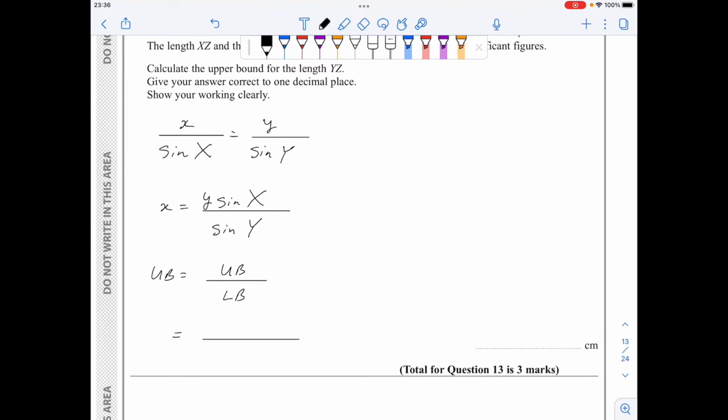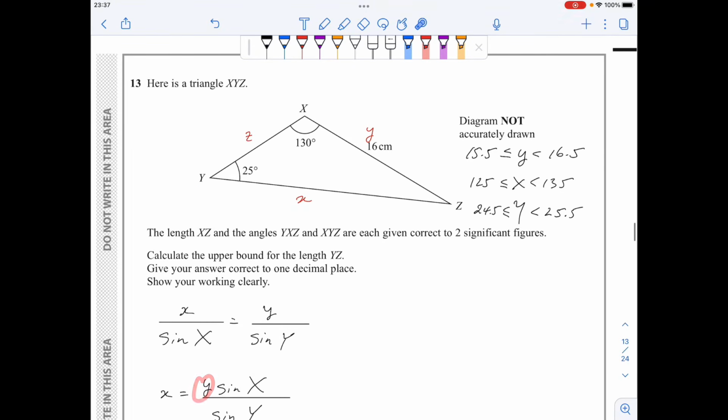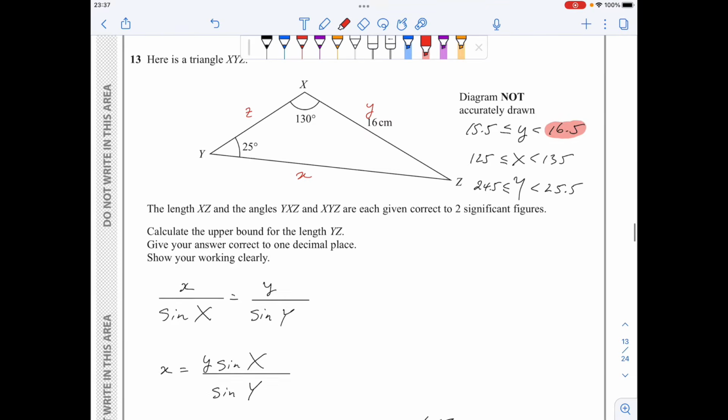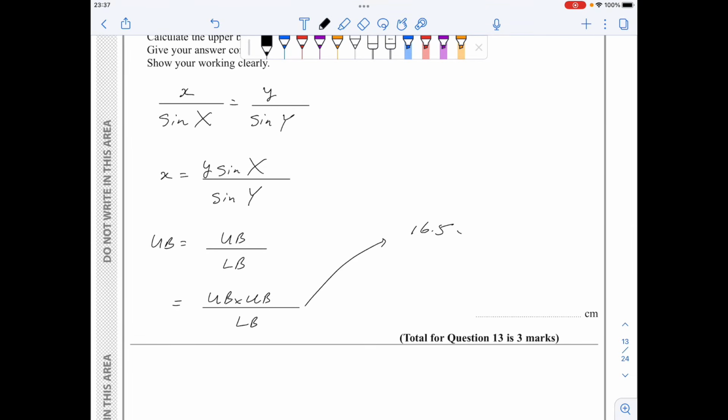And in the numerator, I have a product, so I need the upper bound of both terms. So let's continue on the sides. 16.5, which is the upper bound of Y, times the upper bound for sine X, and then divided by the lower bound of sine Y.